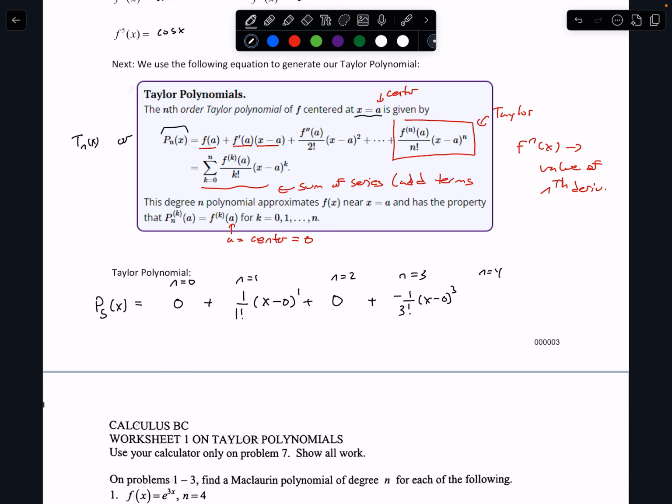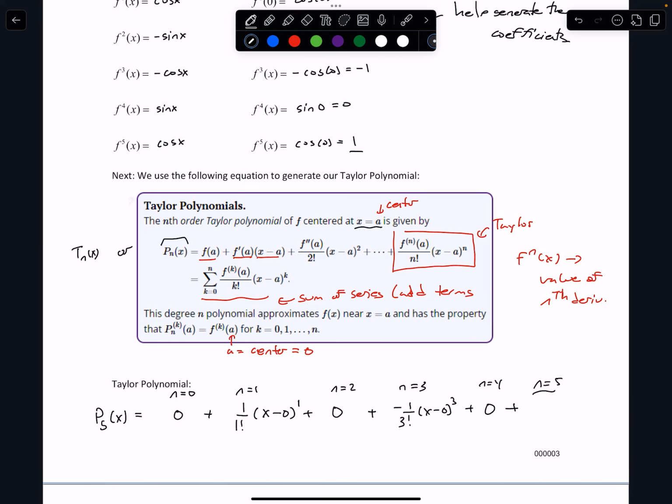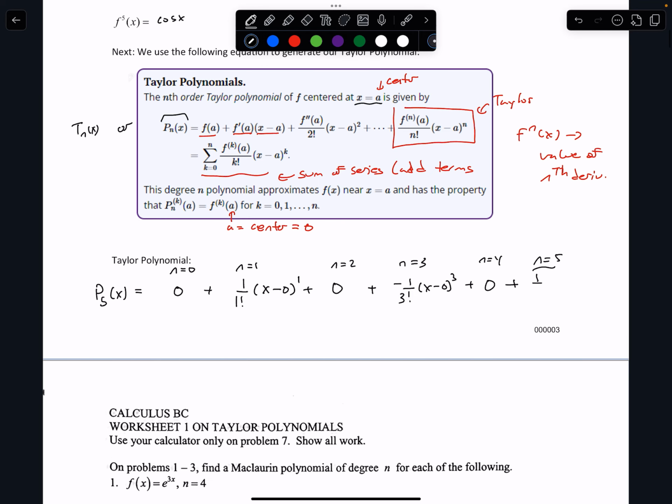The value of the fourth derivative, if you look above, was also 0. And then to do n equals 5, plus, the value of our fifth derivative up top we said was 1. And that's going to give me 1 over 5 factorial, x minus 0 to the fifth. And this is what we call our fifth degree Taylor polynomial.